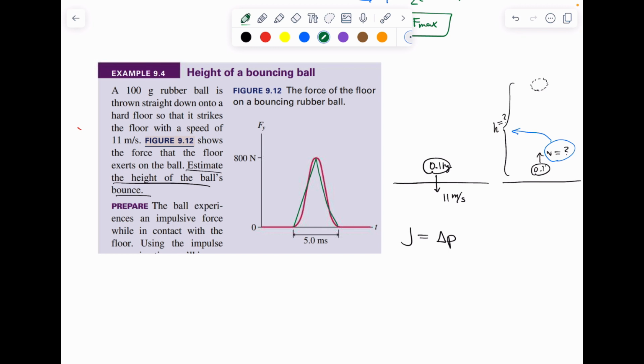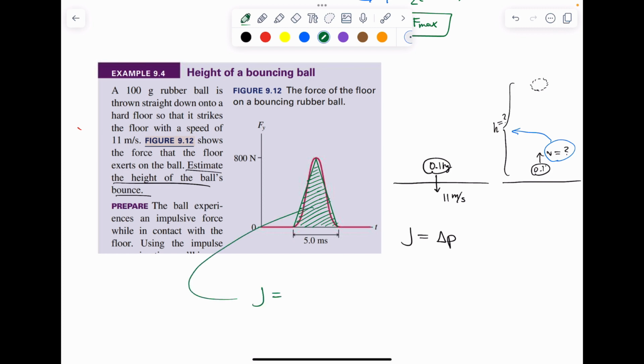So the area under this triangle should be more or less equivalent to the actual true impulse. You can even tell some of the area of this triangle goes over the graph and some of it goes under. And you can imagine the over approximation and the under approximation cancel each other out in the grand scheme of things. So let's find that impulse.